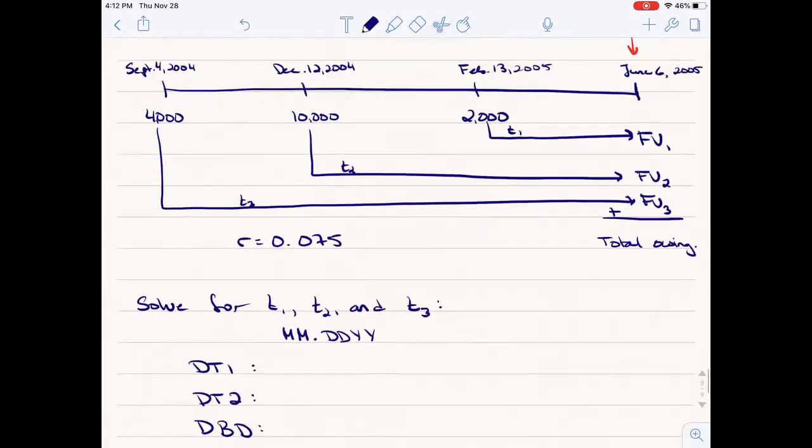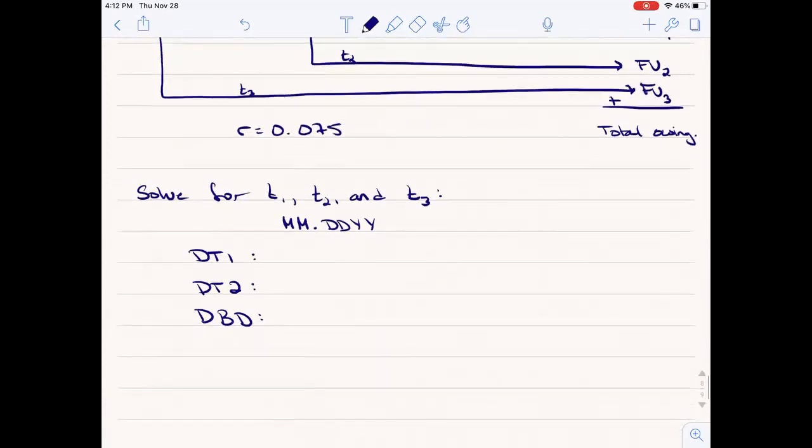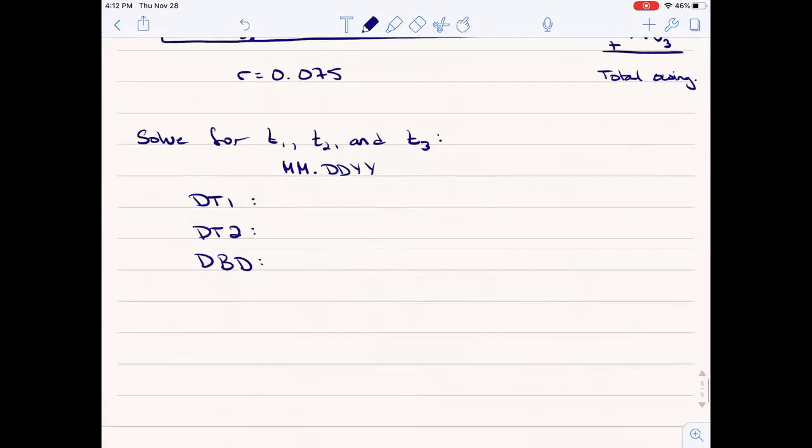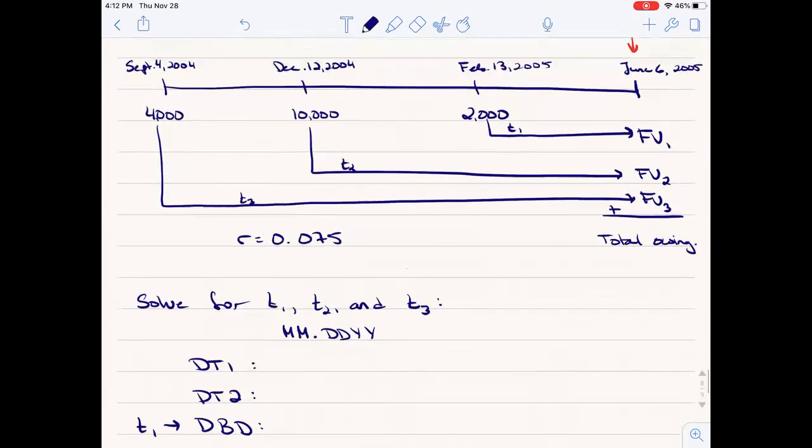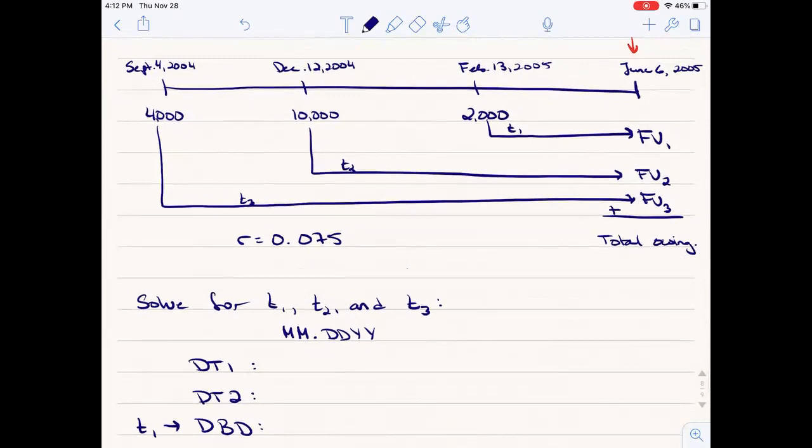So if date 1 is September 4, oh, sorry, T1. It doesn't matter which one you do first, right? I was about to do September 4th, but just remember that that's T3, so you're not getting confused.